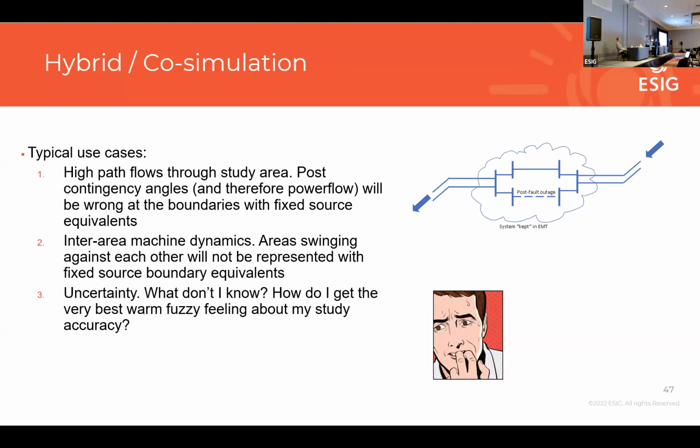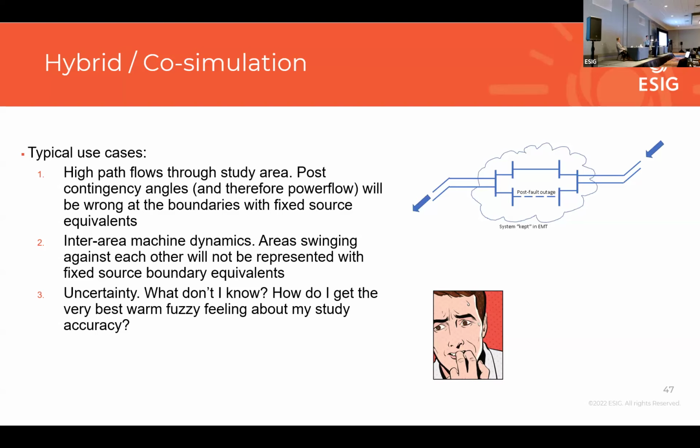Another typical use case would be if you're worried about inter-area machine dynamics. Those generally won't be picked up inside of a pure EMT program because you're just not modeling a system that's big enough to capture that. So if you're worried about those big swings, you generally need to go to a co-simulation. And the last one here would be uncertainty.